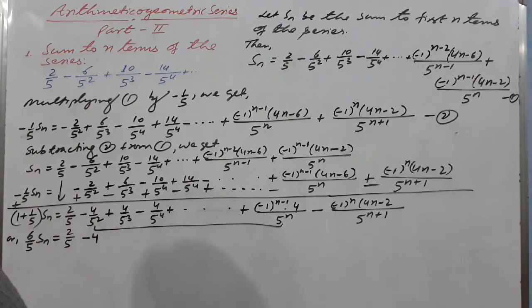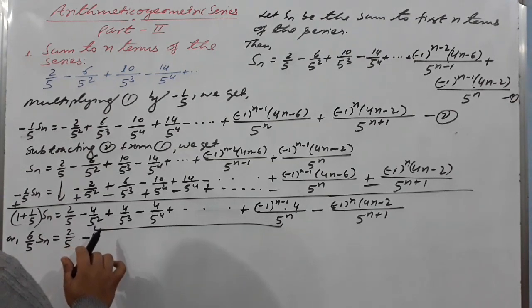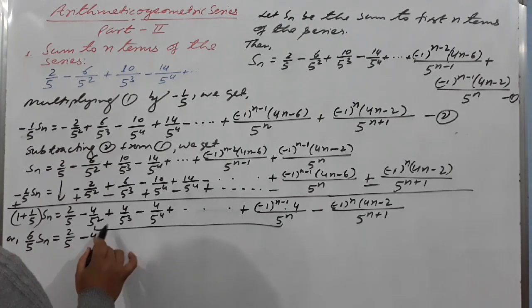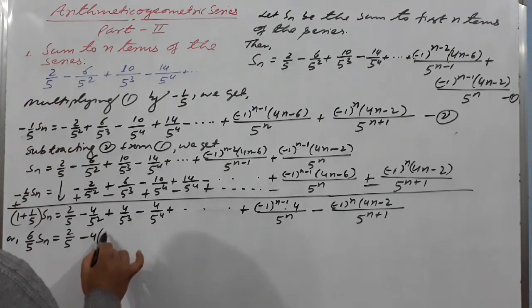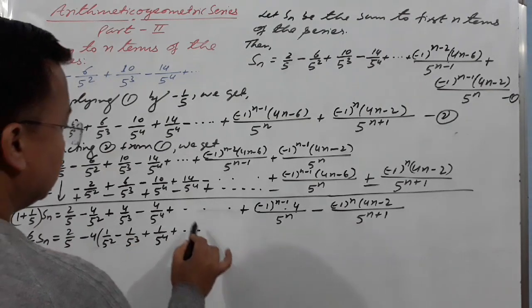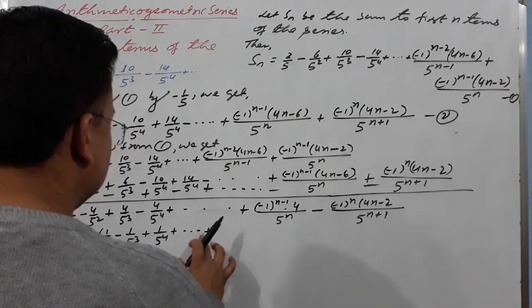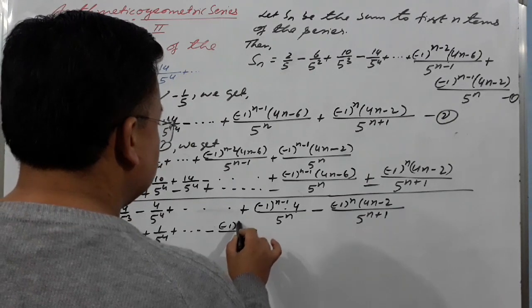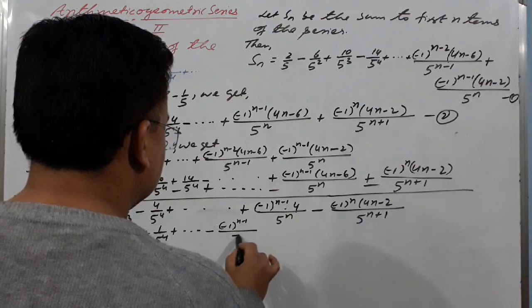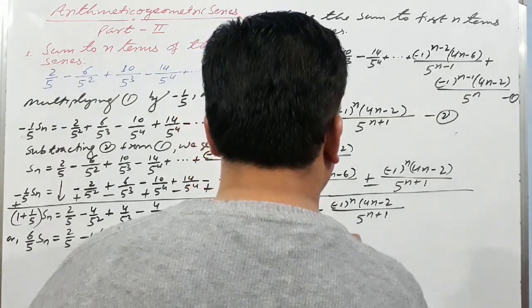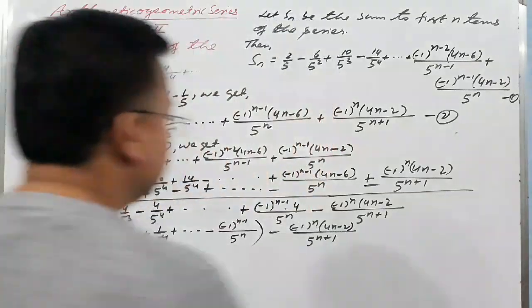So minus 4 upon, so if you take minus 4 common, you will get here 1 upon 5 squared minus 1 upon 5 cubed plus 1 upon 5 to the 4 plus dot dot and plus, okay, plus here minus minus 1 raised to power n minus 1, 5 raised to power n, minus raised to power n, 4n minus 2 over 5 to the n plus 1.